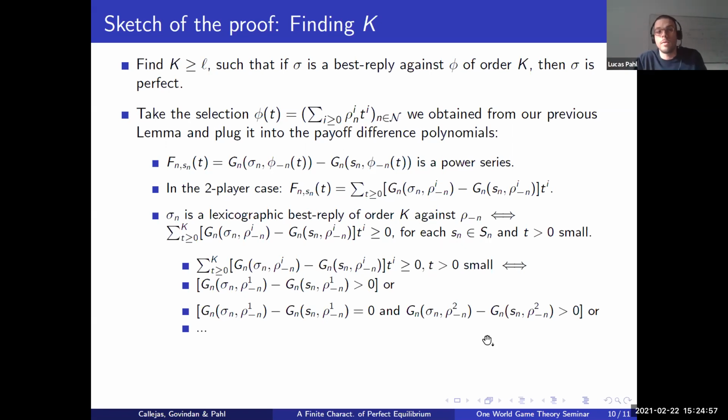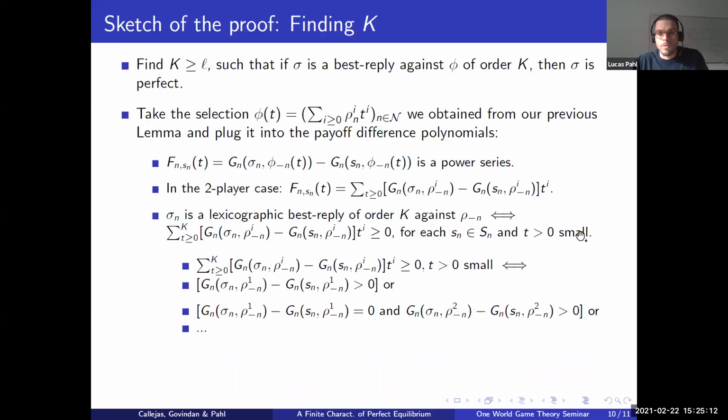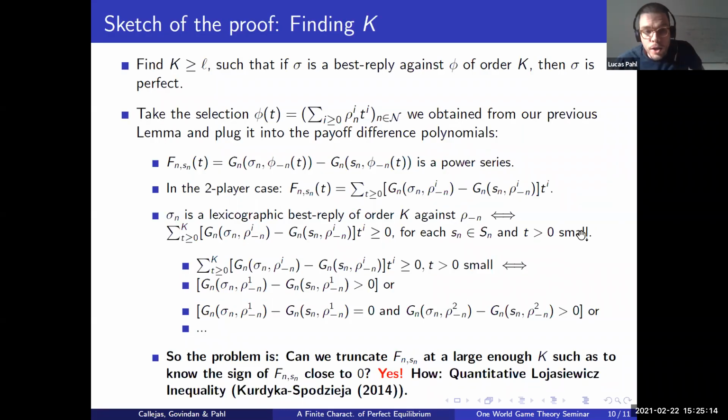So you can translate a statement about lexicographic best replies into a statement about the sign of certain polynomials around 0. And so the question becomes essentially whether it's possible to know the sign of this power series around 0 for large enough k.